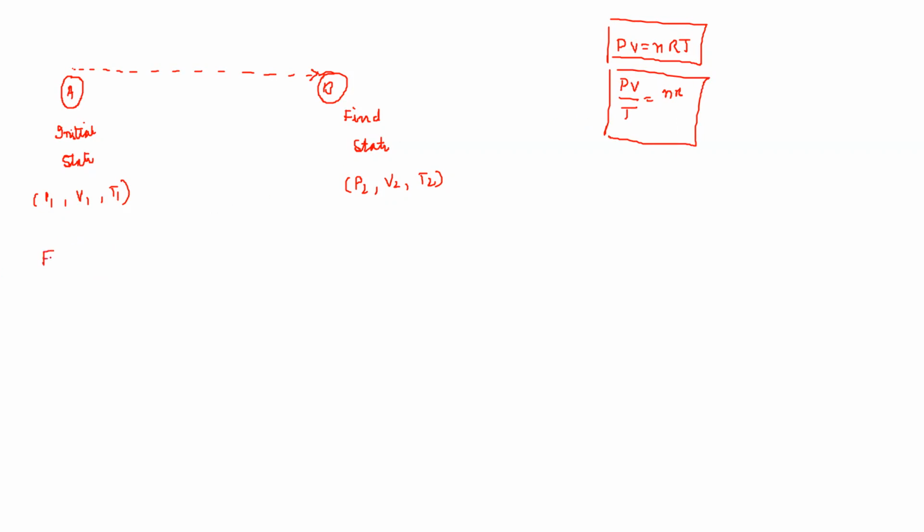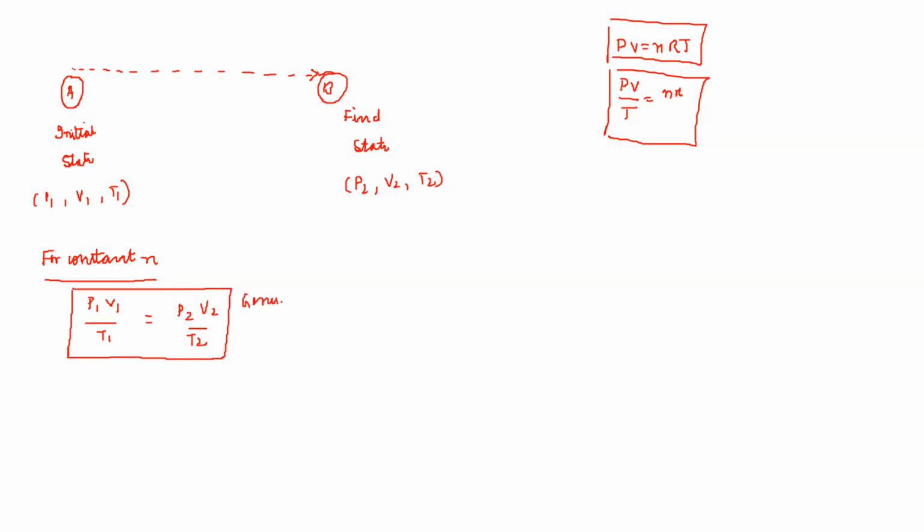So for constant n, that is a constant number of moles, you're going to get P1 V1 by T1 is equal to P2 V2 by T2. This is the general equation of state for an ideal gas.